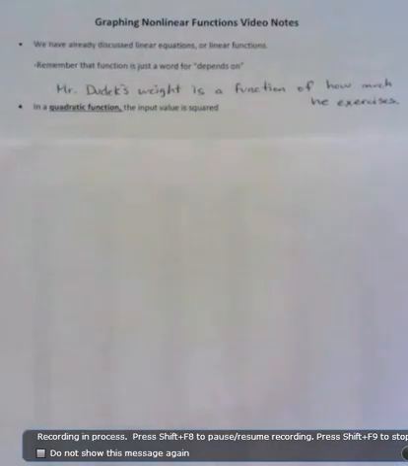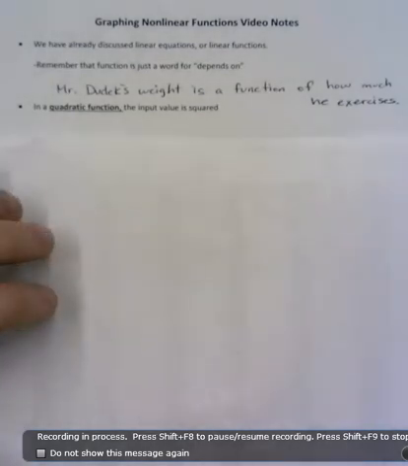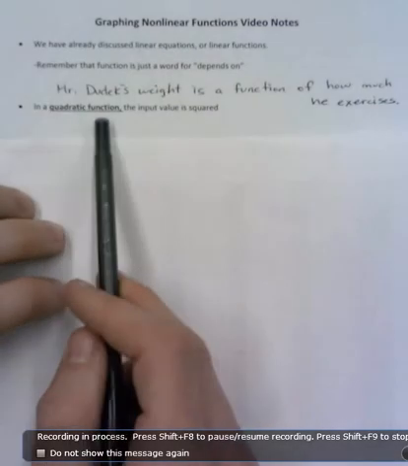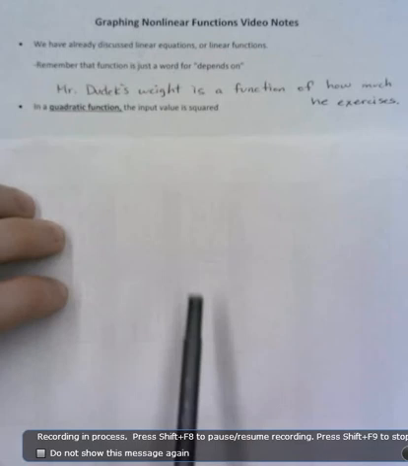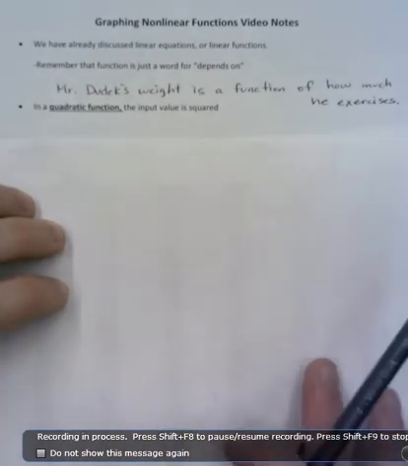All right, we're going to shift our focus now to nonlinear functions. That is, functions that do not form straight lines. One example of nonlinear functions are quadratic functions. These are functions in which the input value is squared.